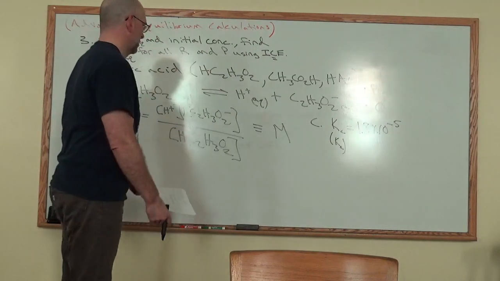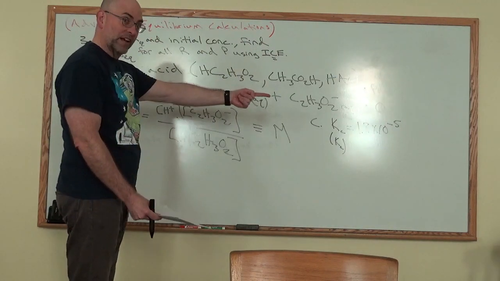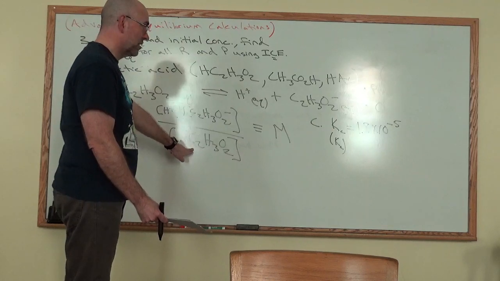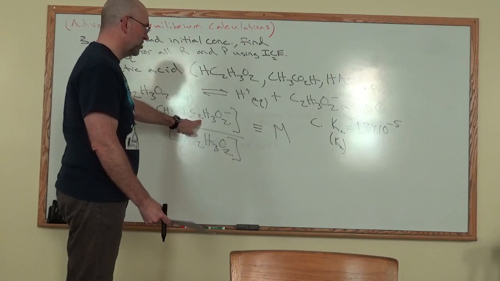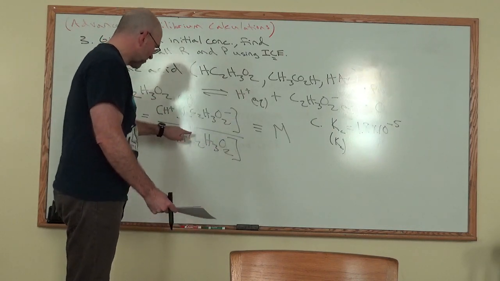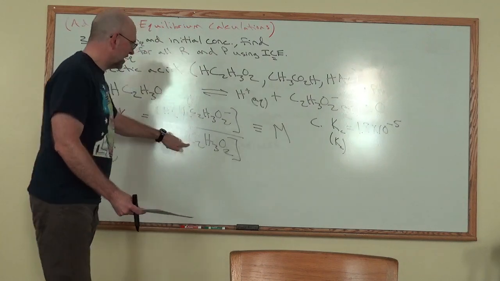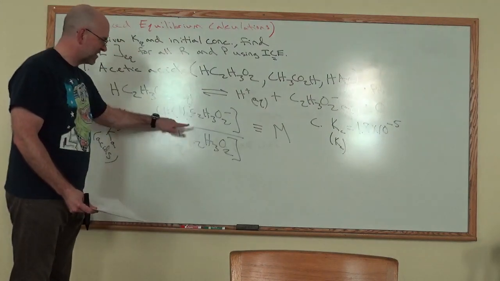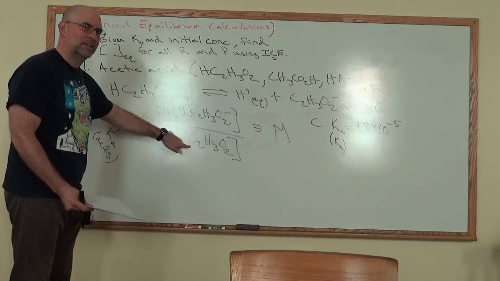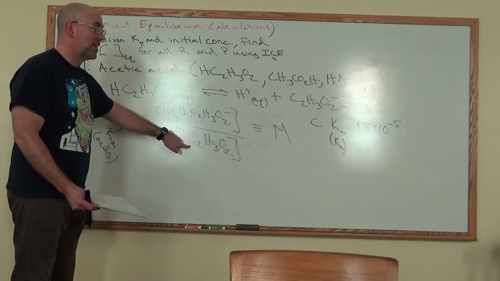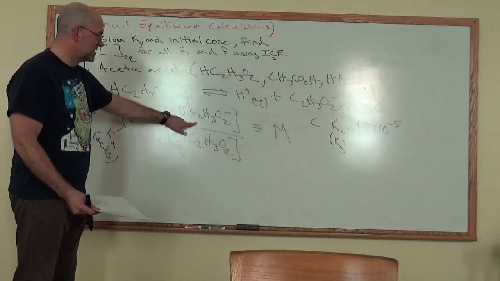What does that mean? That's a pretty small number, isn't it? That means that this denominator is really big compared to the numerator. You're only going to get a small number. That means that most of acetic acid stays in the undissociated form, that very little of it dissociates into these two.